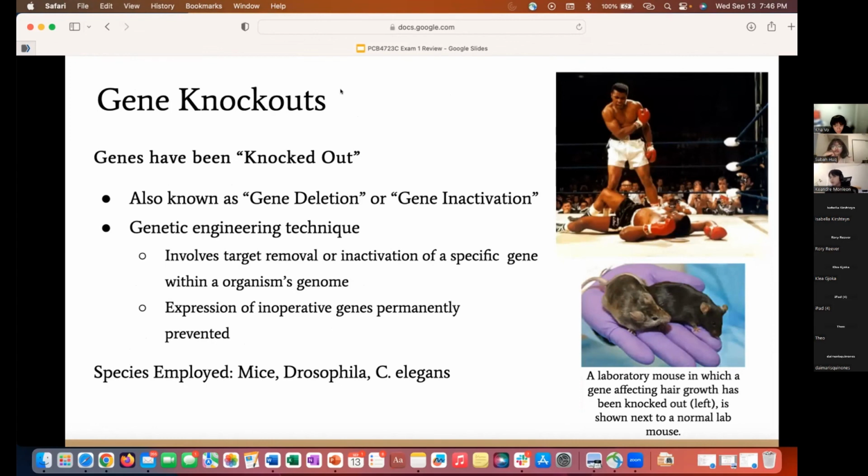Unlike RNA interference, where if you remove the interference the gene can become functional again, in the case of gene knockouts, expression of the gene is permanently prevented, right? The type of species you're going to see in exam questions related to gene knockouts would most likely be mice, but you can also see some Drosophila or C. elegans related to it.